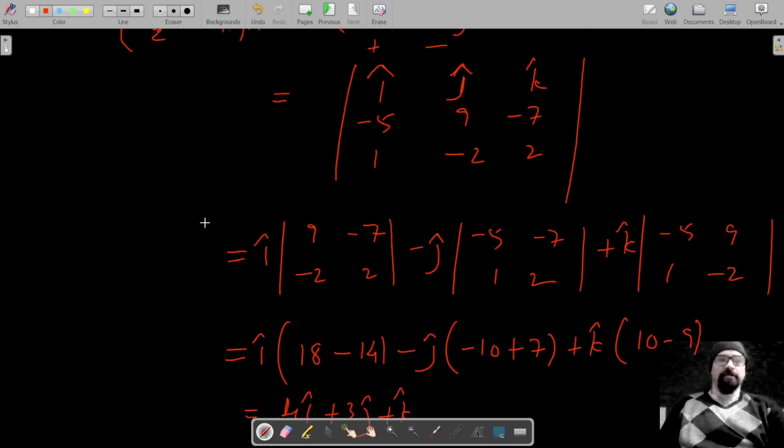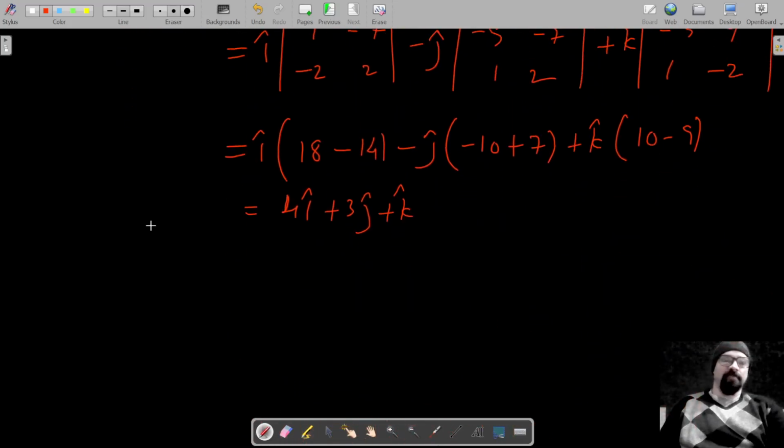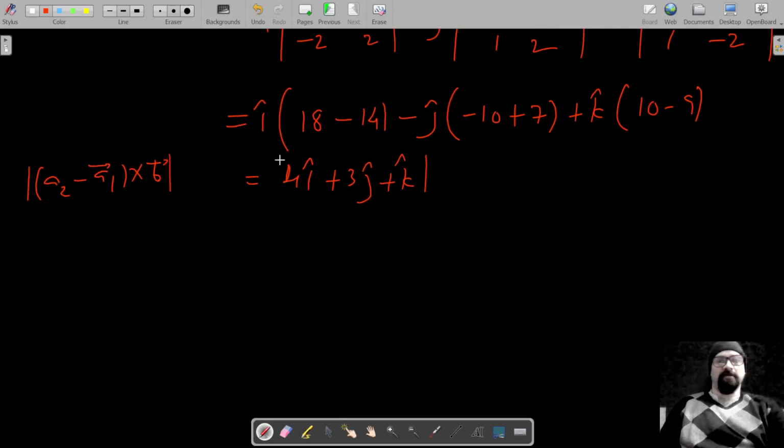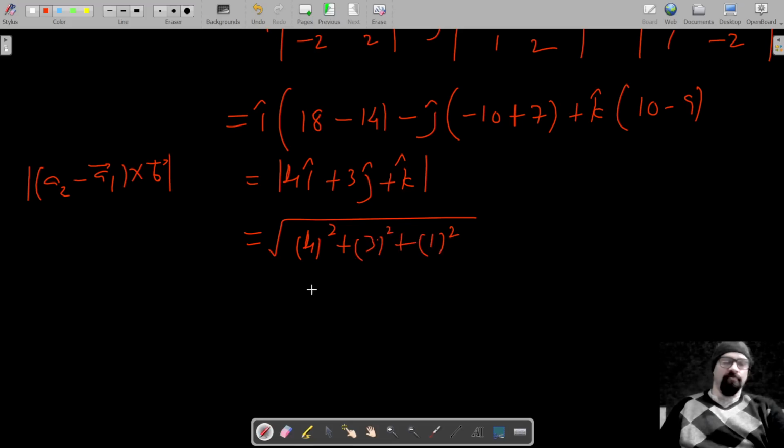Let's find out its magnitude now. So the magnitude of (A2 minus A1) cross B is under root the sum of the squares of the scalar components: 4 square, 3 square, plus 1 square.